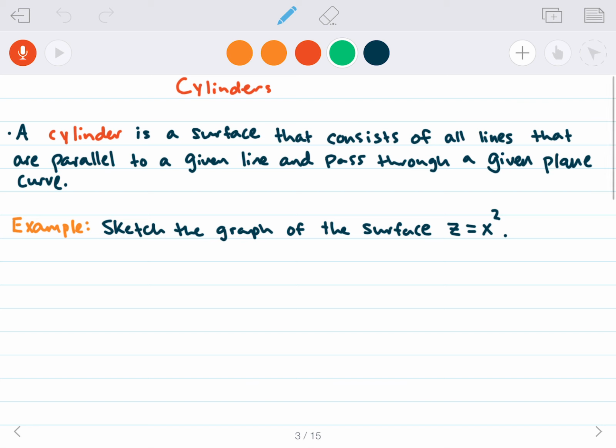All right, so let's talk about a special type of graph, and that's called a cylinder. Typically, when you think of a cylinder, you probably think of something that looks like this. In calculus, or when we're plotting 3-dimensional figures, a cylinder doesn't necessarily have to look like that, but it has to illustrate a similar idea.